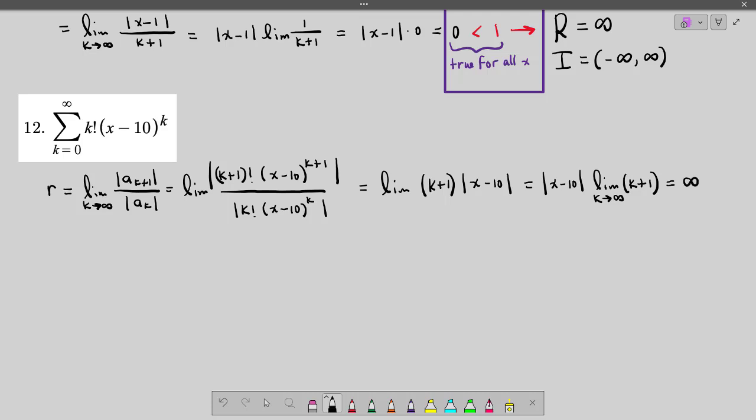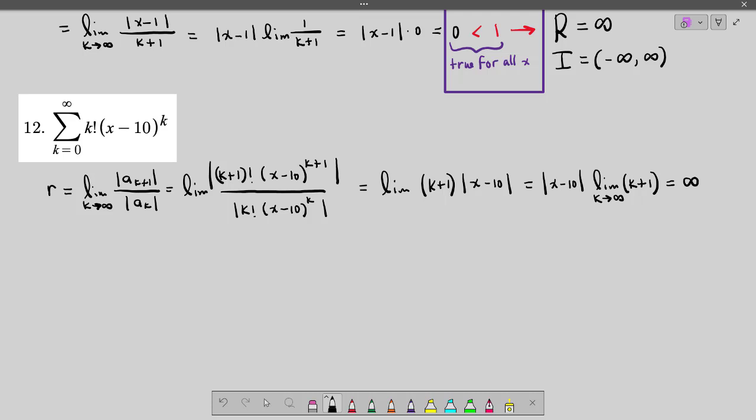So what is our radius of convergence? Whenever we get our value for a ratio test, we ask, when is it less than 1? Is this less than 1? No. So the radius of convergence is 0.